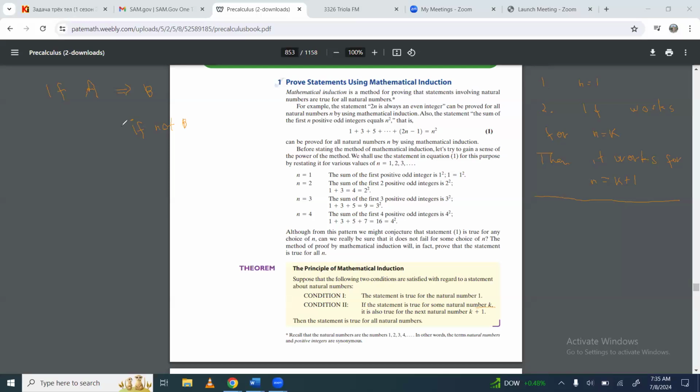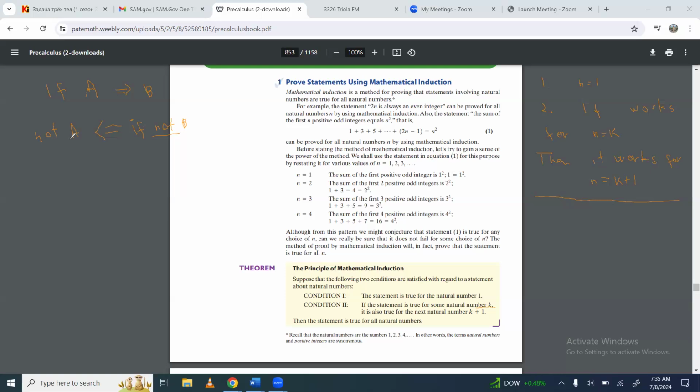I'm not sure if you actually saw the logic, but it turns out that if you negate both statements, then this implication, this arrow that says then, is reflected.